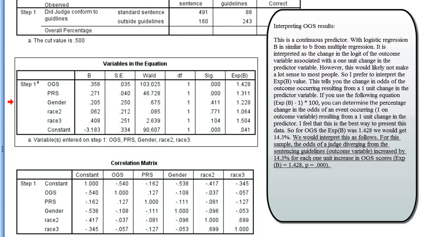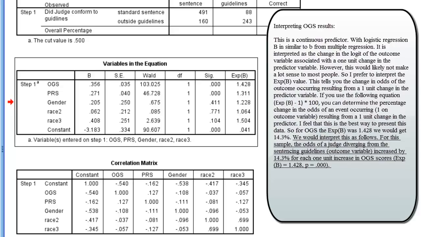14.3. And so we would interpret this as follows, using the actual variables we had: the odds of a judge diverging from the sentencing guidelines increases by 14.3% for each 1 unit increase in OGS scores. So again, it tells us the percent change in the odds of an event occurring.